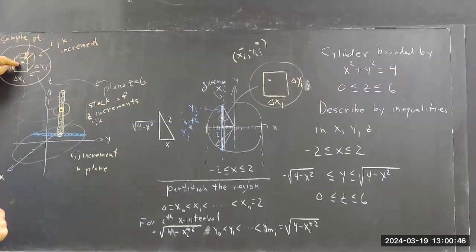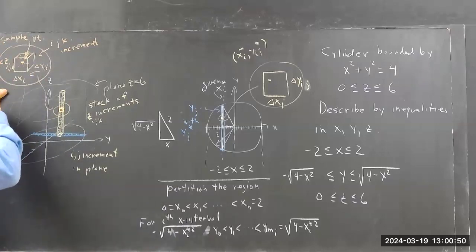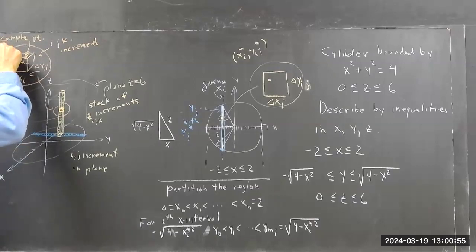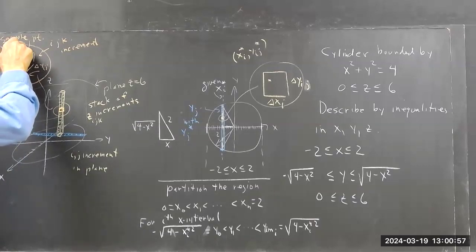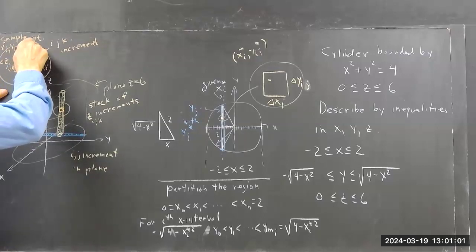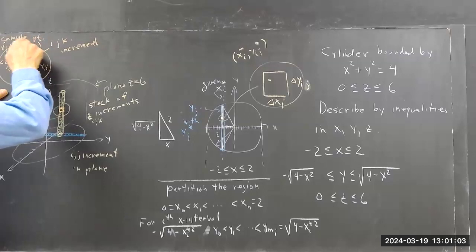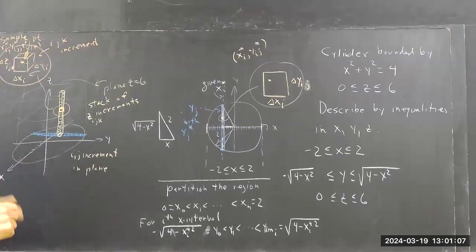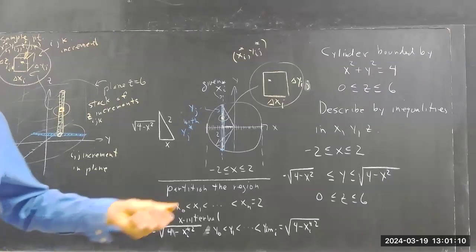There's our sample point, x sub i star, y sub ij star, z sub ijk star. You probably can't read it, but I'll write it out.